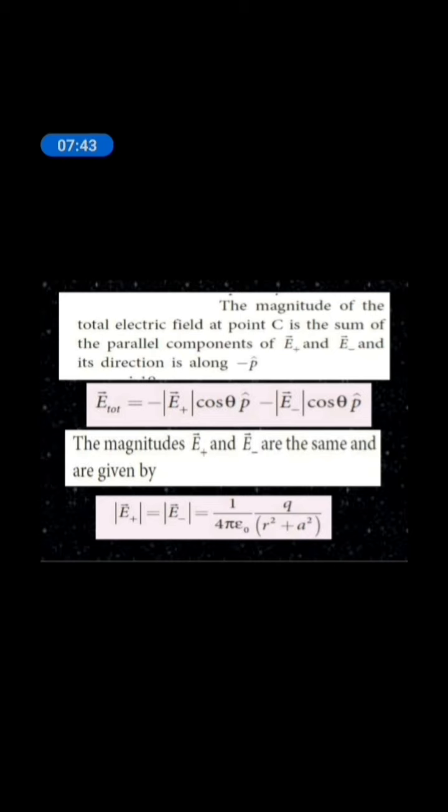E total is equal to minus modulus of E plus cos theta p cap minus modulus E minus cos theta p cap.